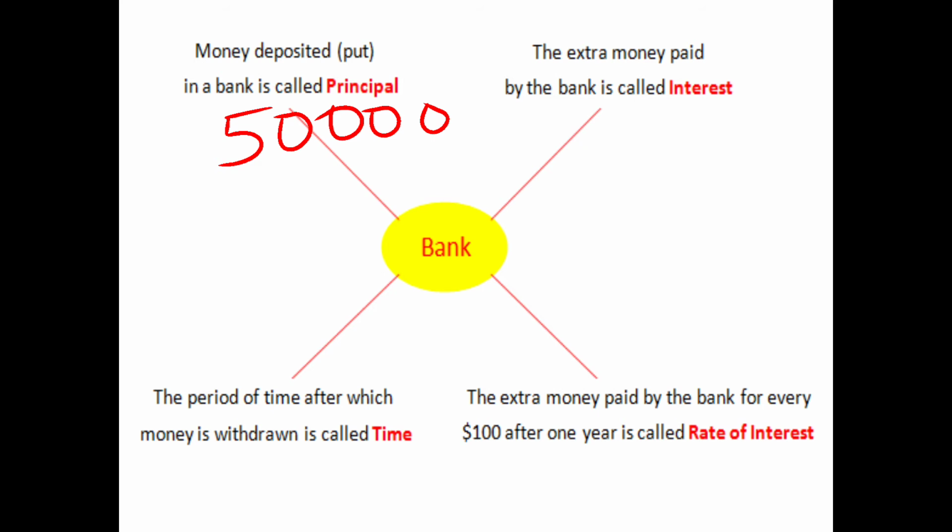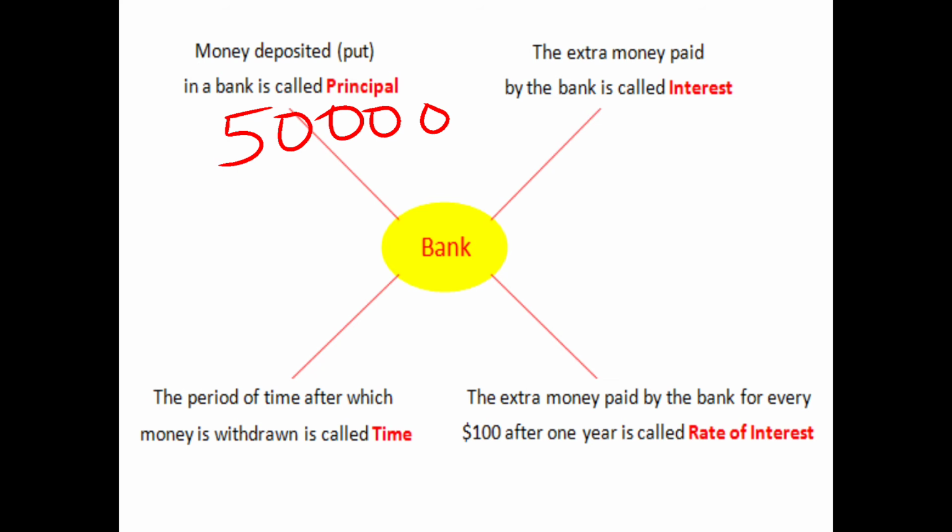If you borrowed the money from the bank, you have to pay the extra amount, the interest amount, to the bank. If you deposited 50,000 in your account, the bank has to pay the interest amount to you. That extra money paid by the bank is called interest.